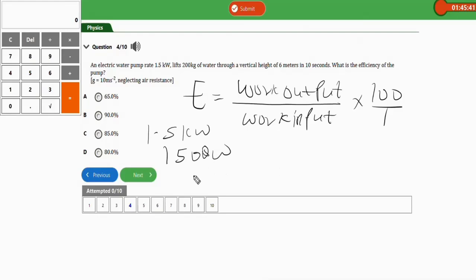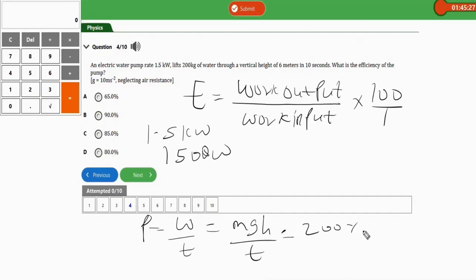Now let's get the work output, meaning that power is work over time. So this is something like mgh over time. In this question we have our mass to be 200, acceleration due to gravity is 10, times height is 6, over time is 10 seconds, so this will cancel this.